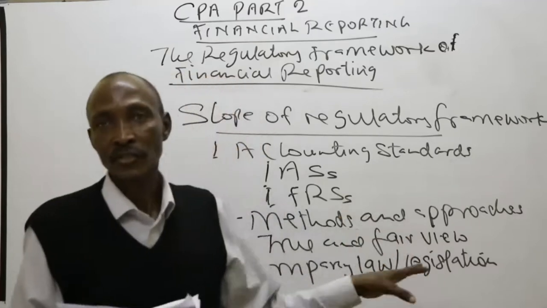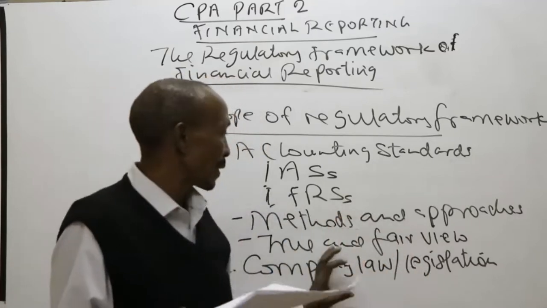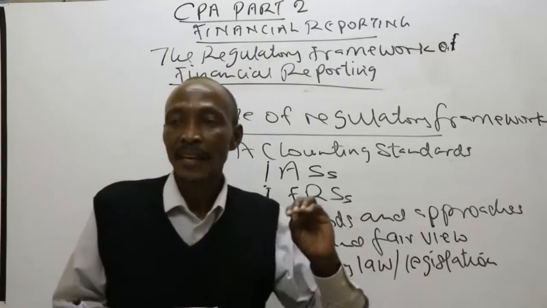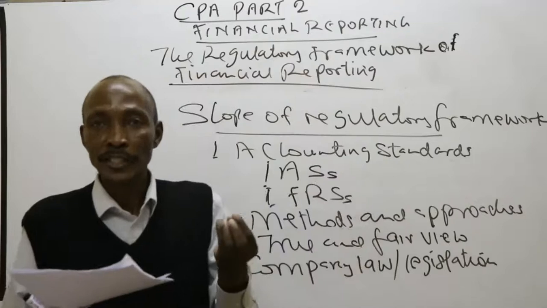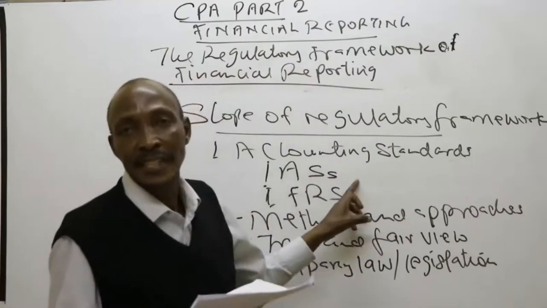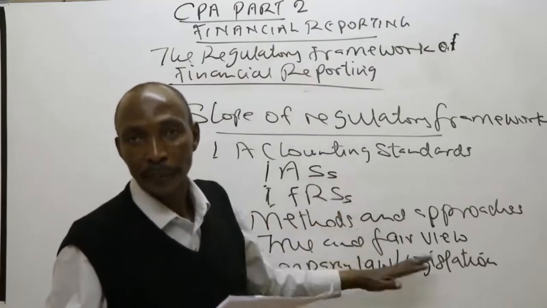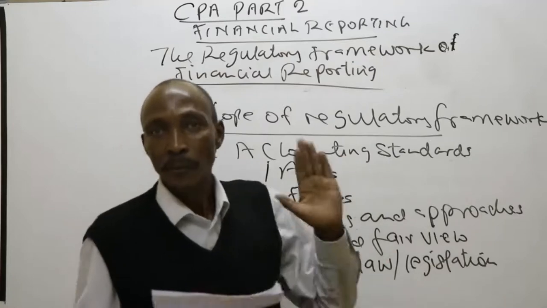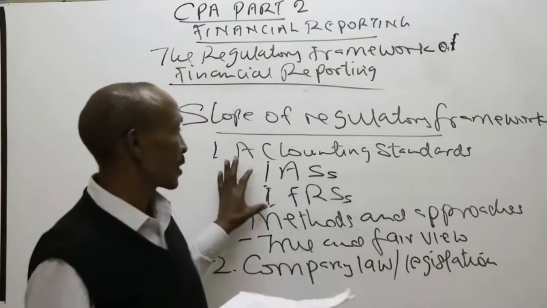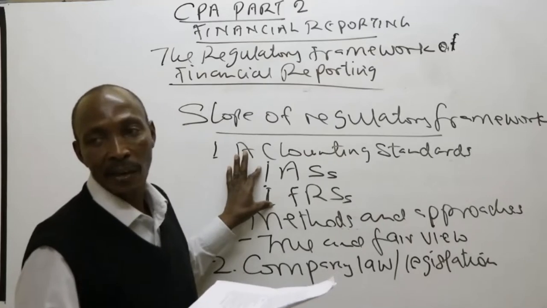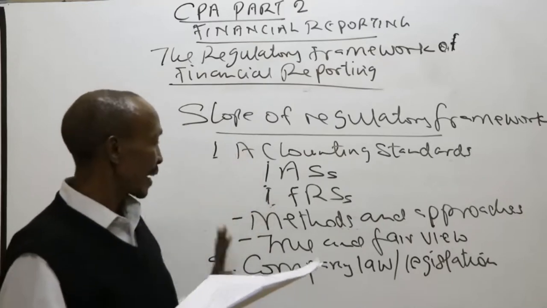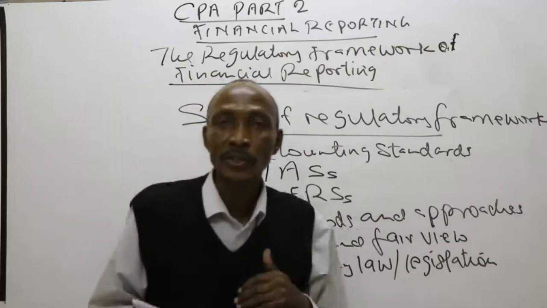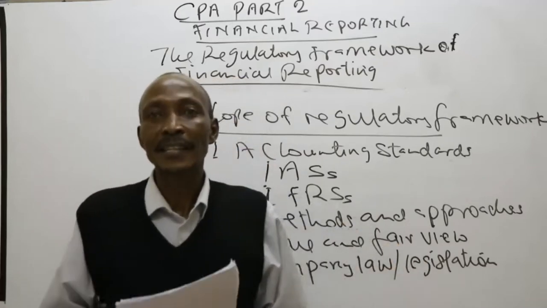That is the registration. So the company law also does adopt, or rather, it does give authority to the accounting standards. It requires that when you prepare financial statements in Kenya, one criterion is that these financial statements must be in accordance with the standards. You can see there's some harmony between the accounting standards and the law. The two work hand in hand.